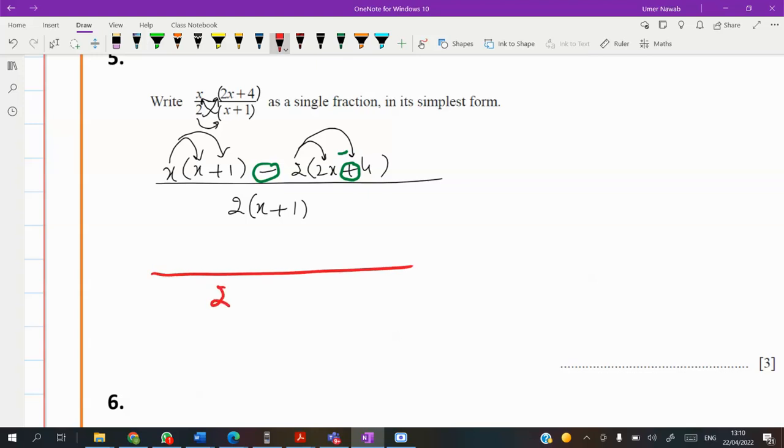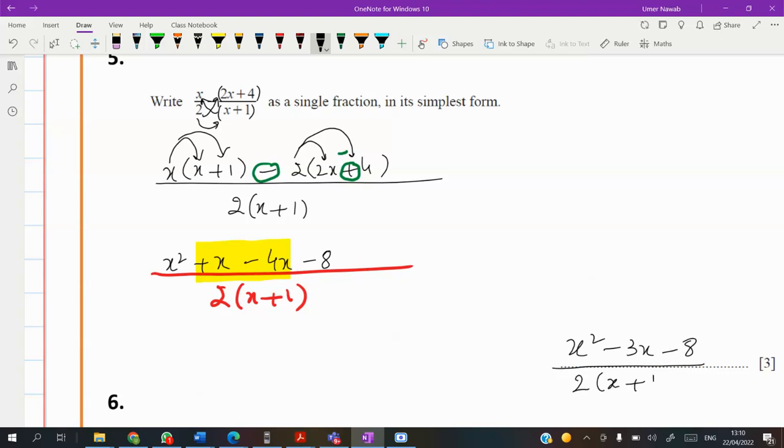Denominator will be copied as it is, but in the numerator, x times x is x squared, then plus x, then minus 4x, and then minus 2 times 4 is 8. Do we have some like terms in the numerator? Yes. X squared alone, so just copy it. Plus x minus 4x is minus 3x, minus 8 in the numerator divided by 2x plus 1.